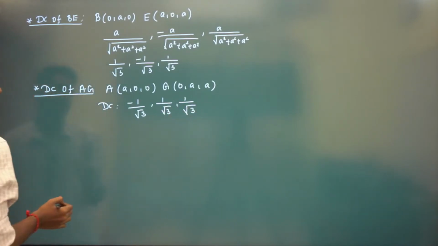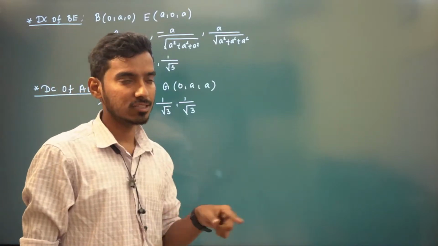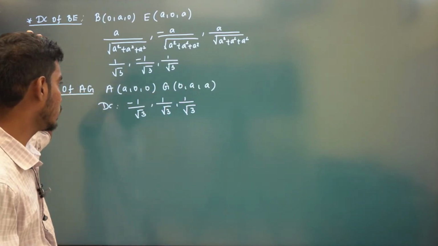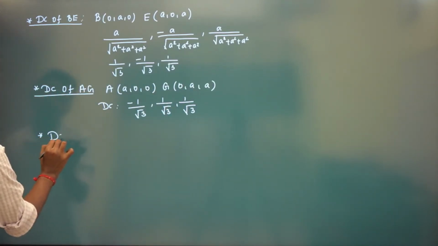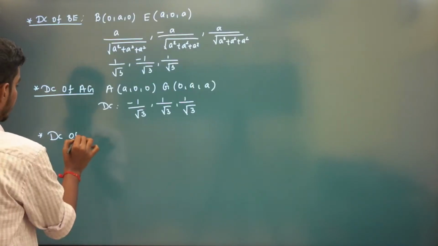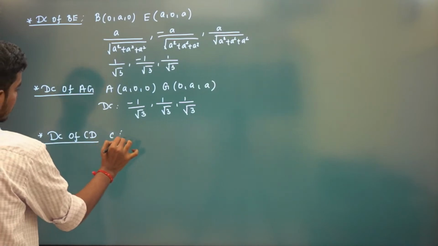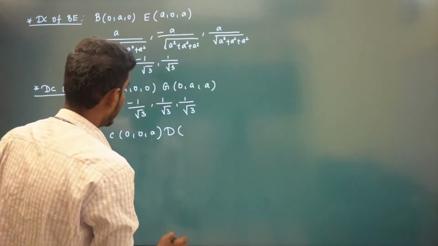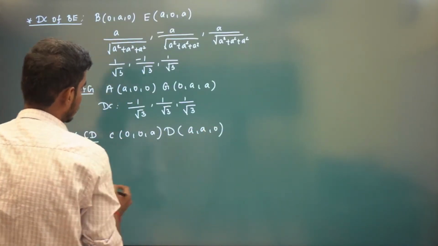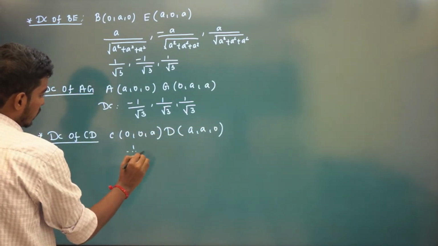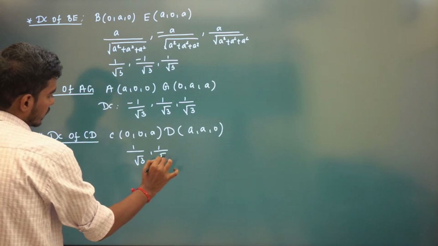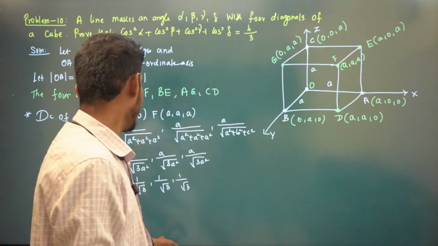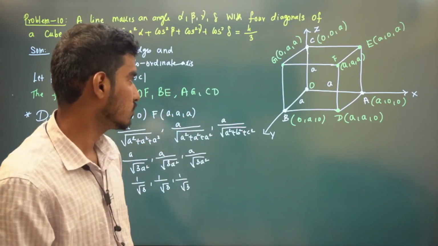And CD: C is 0 comma 0 comma a and D is a comma a comma 0. So we will have 1 by root 3, 1 by root 3, minus 1 by root 3. This is the direction cosine, right? So as of now, we have found the direction cosine of all these four lines.